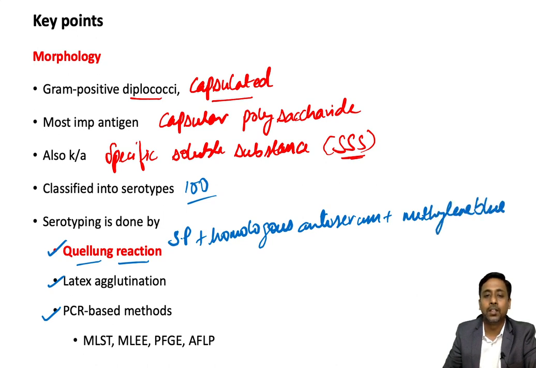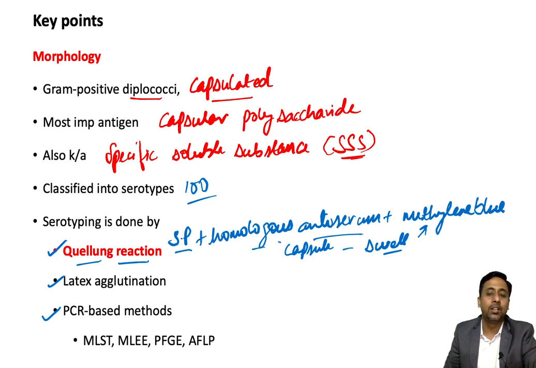What will happen when it is mixed with this antiserum? The capsule will apparently swell, and that can be visualized by using the dye methylene blue. So apparent swelling of the capsule is indicated by the methylene blue, and this reaction is called Quellung reaction.